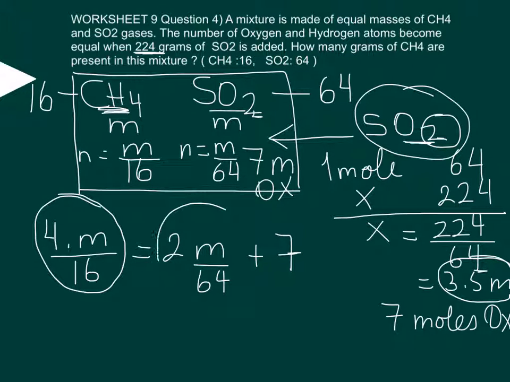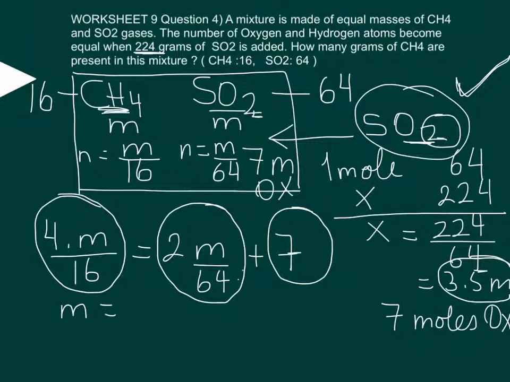This is the moles of oxygen atoms coming from the sulfur dioxide, which is present in the container. And this is the moles of oxygen atoms coming from the sulfur dioxide that is outside. If we make these equal, we find that M comes out to be 32 grams.